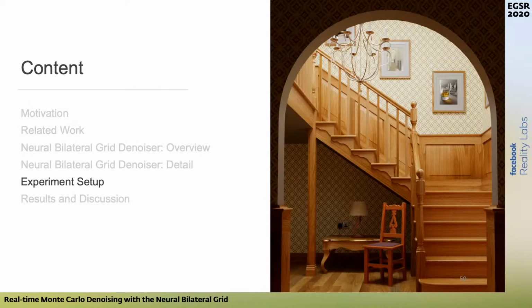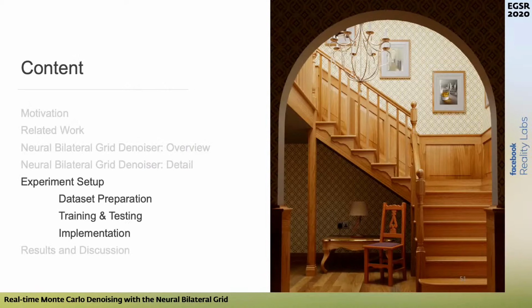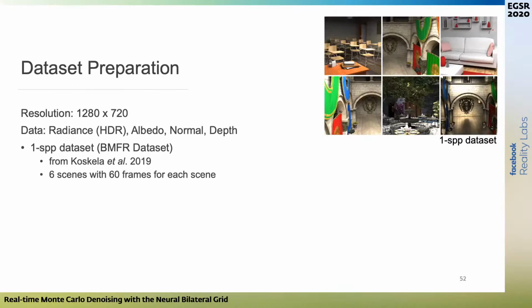Now let's talk about the experiment setup. I will talk about the dataset preparation, training and testing setups, and the implementation. We use 2 datasets in our experiments. We firstly adopt an existing 1 SPP dataset from the previous work, which contains 6 scenes with 60 consecutive frames for each one.